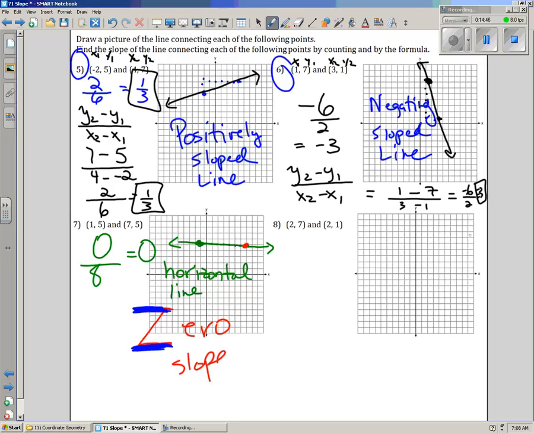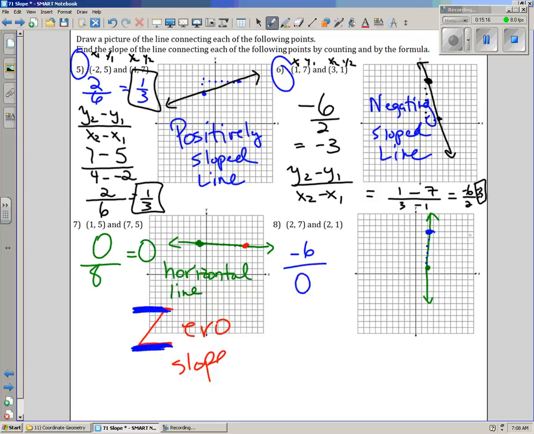All right, turning our attention to the next line. The points are (2, 7) and (2, 1). So this time, if I want to get from, say, the blue point to the green point, I'm going down 1, 2, 3, 4, 5, 6. And I'm not going to the right any. So I'm doing -6 divided by, I'm not going to the right at all, so I'm doing divided by 0.